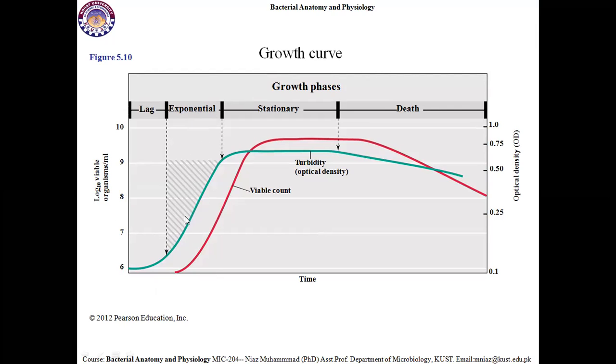Here, growth is so fast because nutrients are fresh, waste products are less, and cells are at youngest and healthiest stage. And when they are reaching a stationary phase, microbial growth is slow.